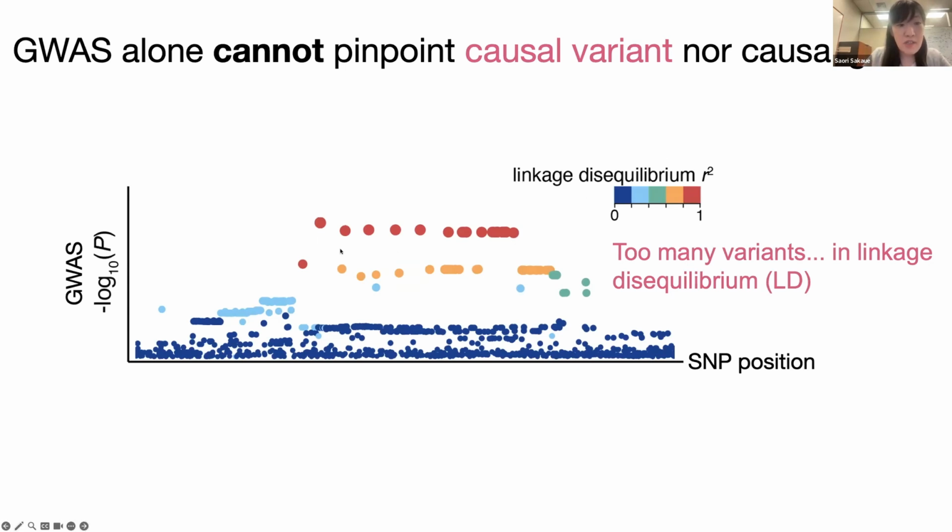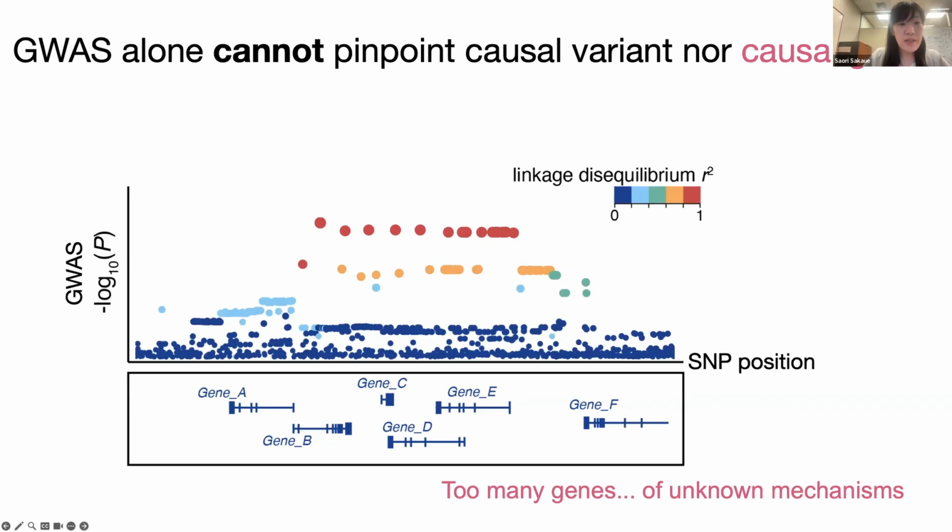As we can see here, many variants are associated with the disease with the same strength. This is what is called linkage disequilibrium structure, where we inherit these genetic variants together as a haplotype from our common ancestor. So if we merely look at the GWAS statistics, we can't distinguish a true causal variant among merely associated variants in linkage disequilibrium.